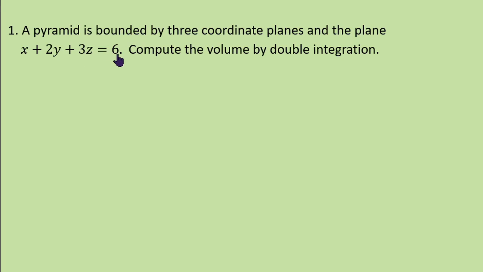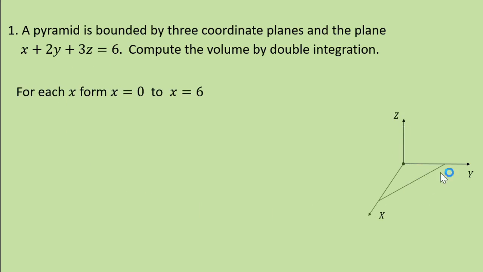Now, 3z equal to 6 minus x minus 2y. Therefore, z is 1 by 3 into 6 minus x minus 2y. Now, consider x, y and z axes. For each x from 0 to 6, y varies from 0 to a point on this line.